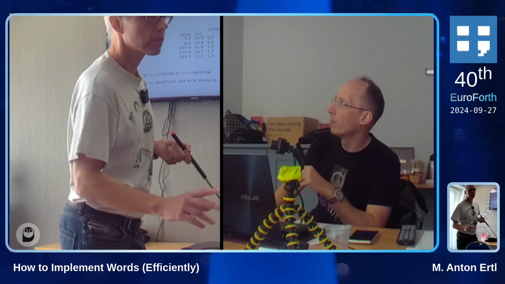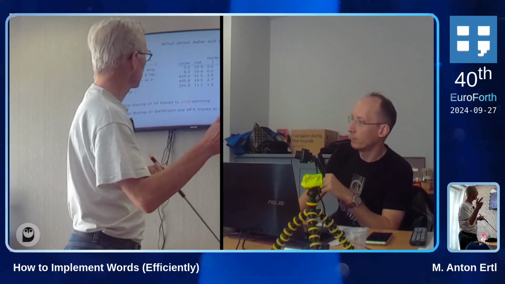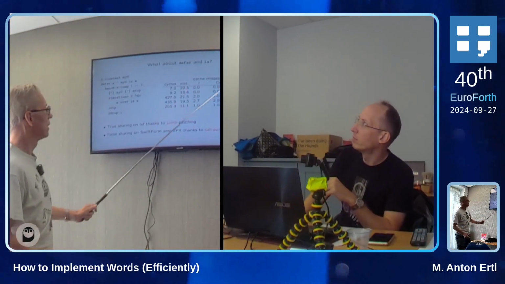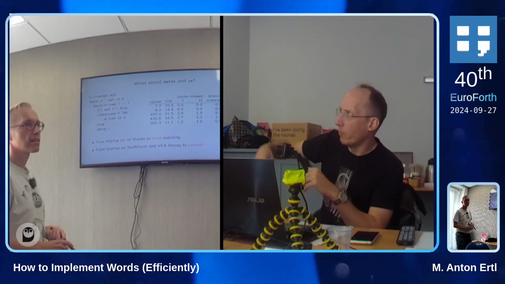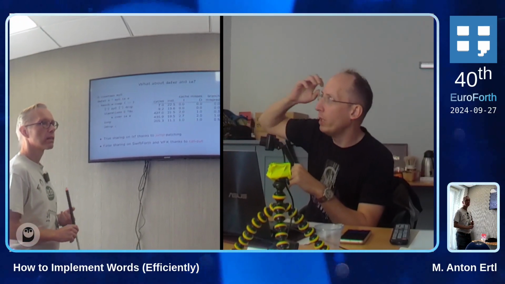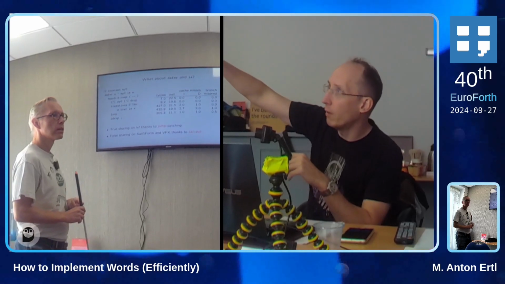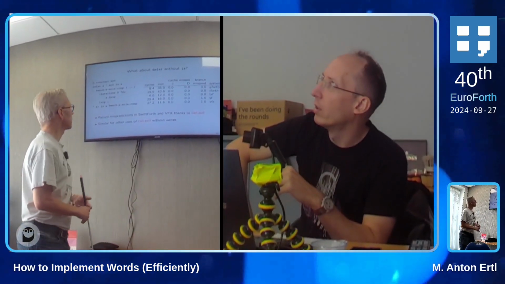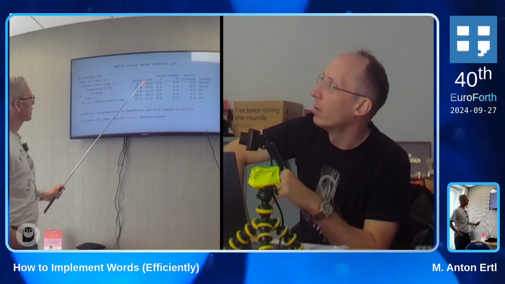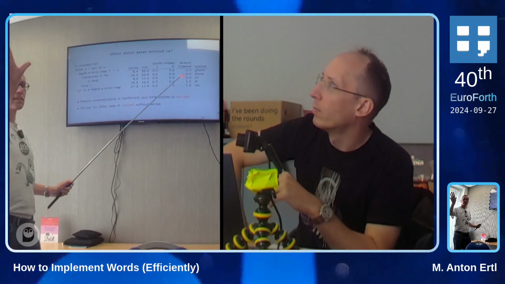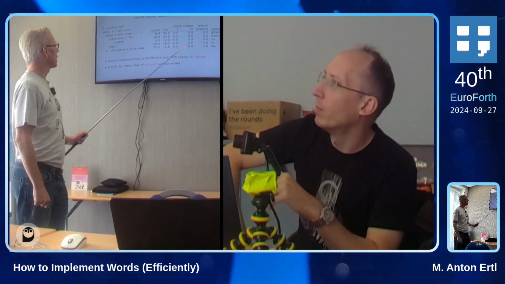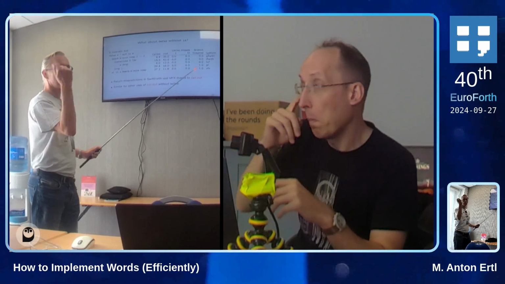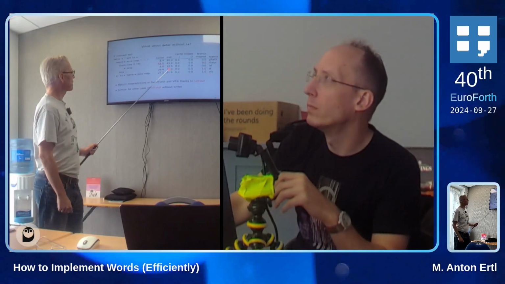Right. And with an indirect jump, it's like what EuroForth or GForth does. What would a correct direct jump be on that scale? Would it be a lot faster than the indirect one? That's what I meant. You mean if you don't have this true sharing problem? Yes.